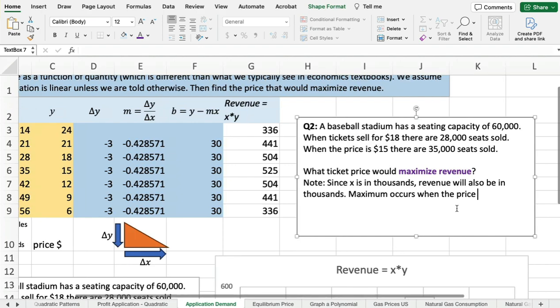So we can answer that it is $15. Whoops, that should be a dollar sign there. So $15 is the answer to the question, because that's when our revenue will be the highest.